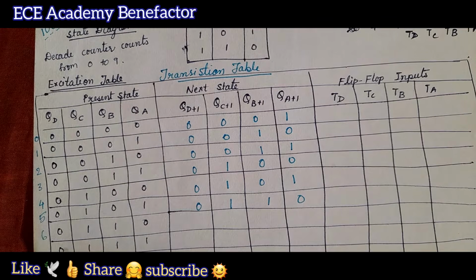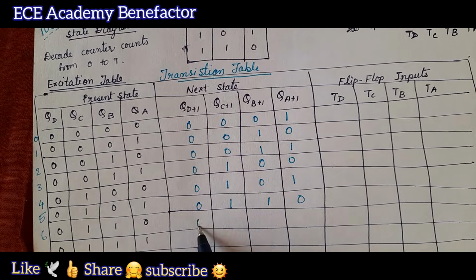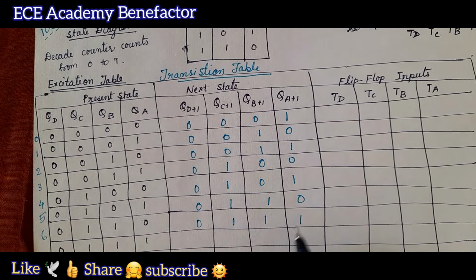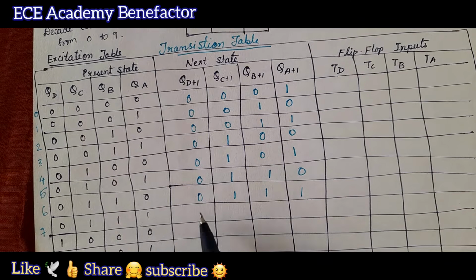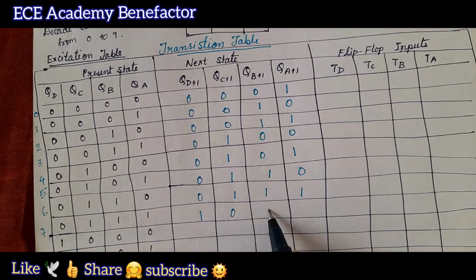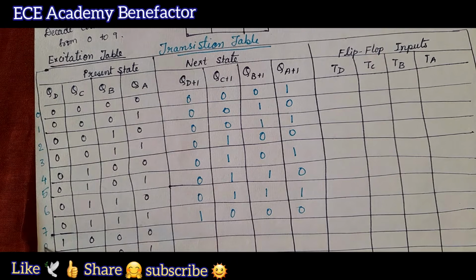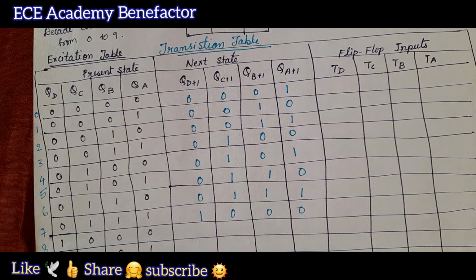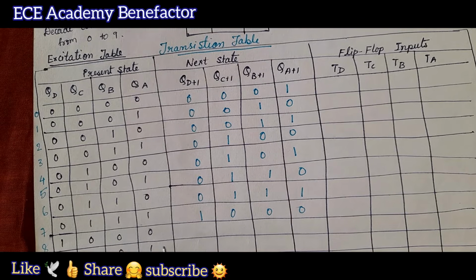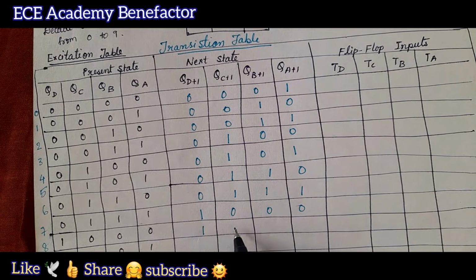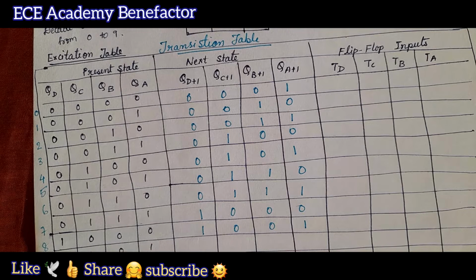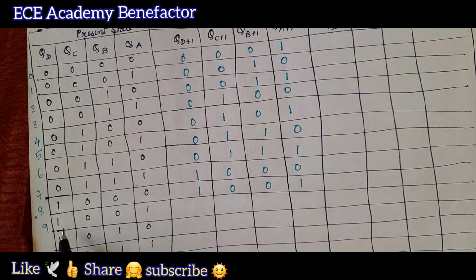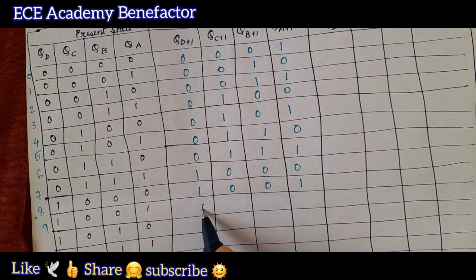And this is 6 in decimal. After 6, what is the next state? 7. 7 is written as 0111. After 7, what is the state? 8. 8 is written as 1000. And this is 8 in binary. What is the next state after 8? 9. 9 is 1001. This is 9. After 9, what is the next state? After 9, it is 0.